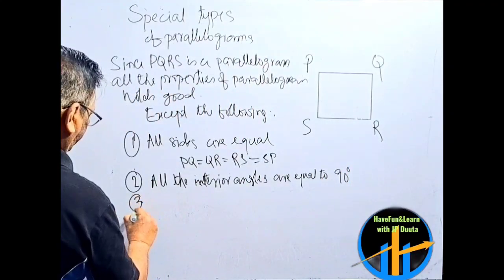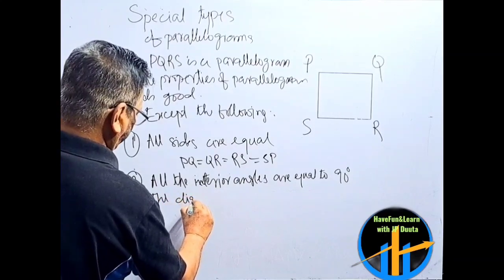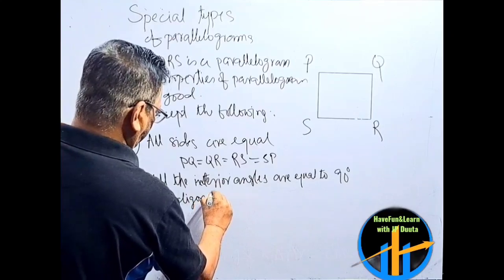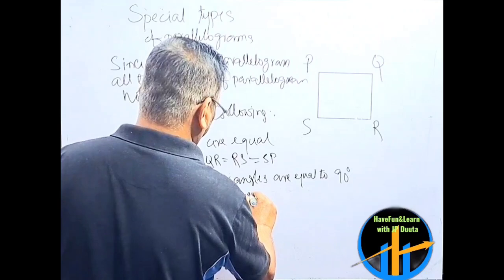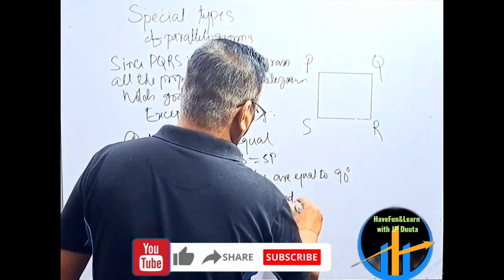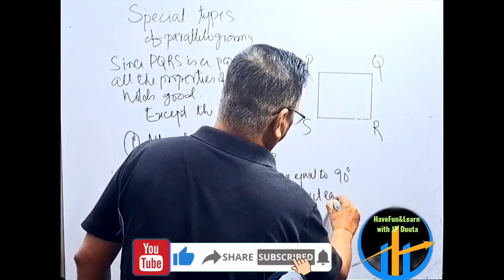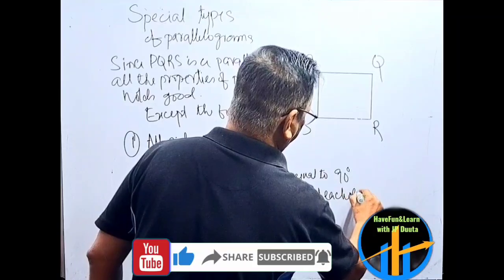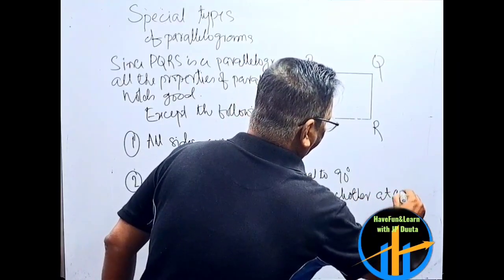Number 3, the diagonals are equal and bisect each other at 90 degrees.